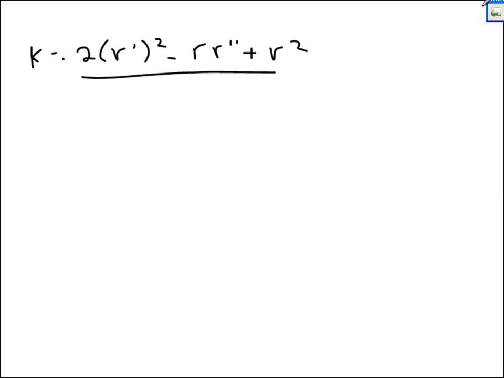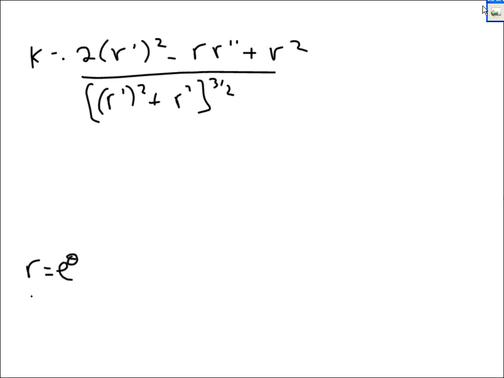Let's try one more. This one looks like it might be really easy. Remember that k is 2 times r prime squared minus r times r double prime plus r squared, divided by r prime squared plus r squared to the 3/2. Here they tell us r is equal to e to the theta.